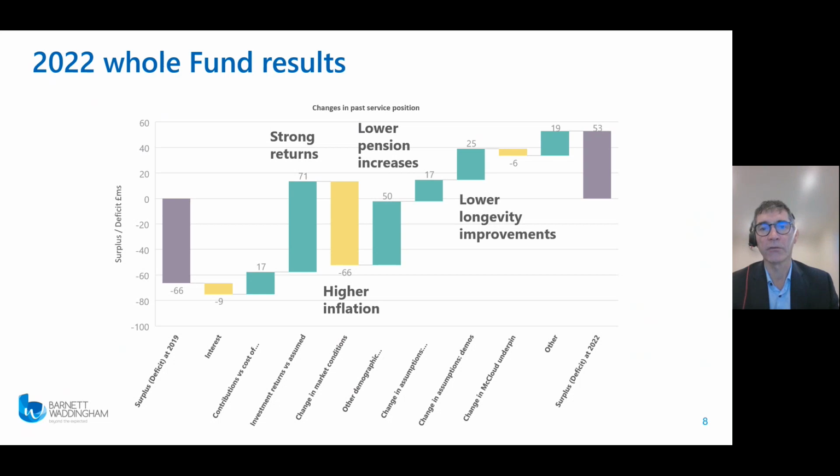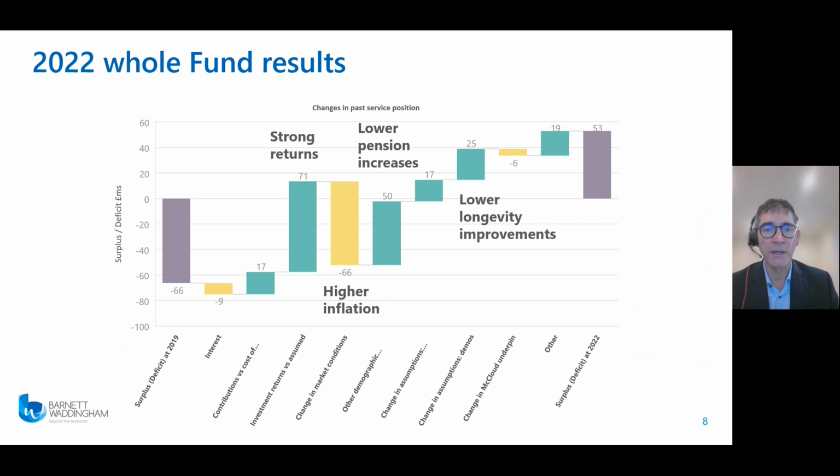So the main reason is the very strong investment performance, which you can see there has added 71 million in excess of what we assumed. There's also been lower pension increases, which has helped to keep the liabilities down a little bit. And even though people are still living longer than in the past, those improvements have slowed down slightly.